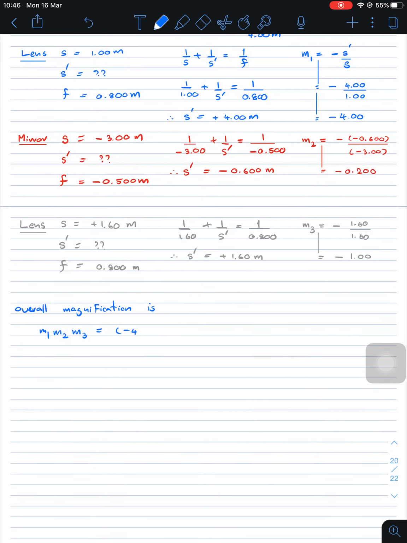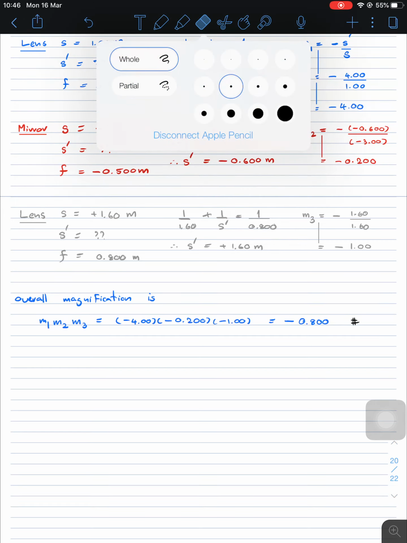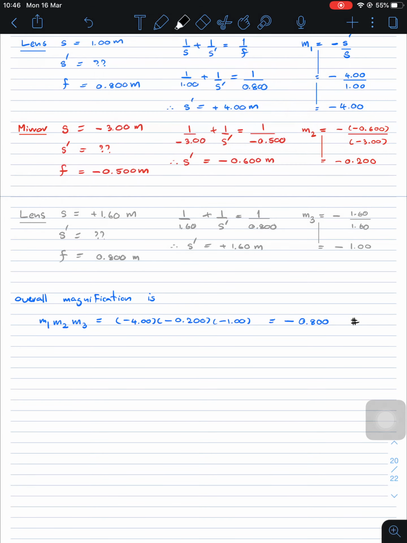M1 is minus 4.00, M2 is minus 0.200, and M3 is minus 1.00. So the final is minus 0.800. That's going to be the answer for part B, and this will be the answer for part A.